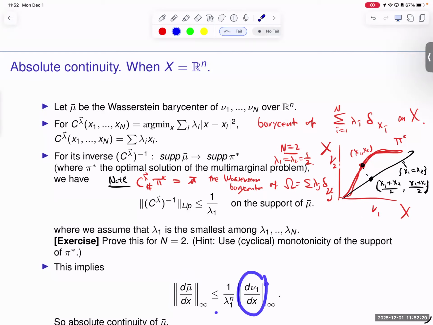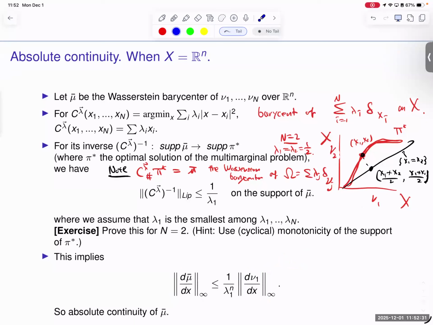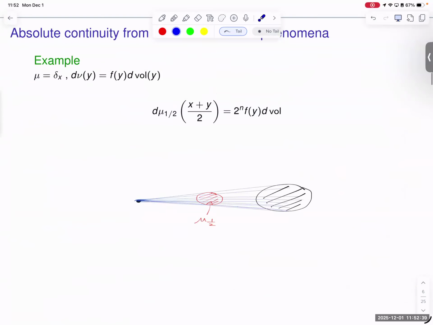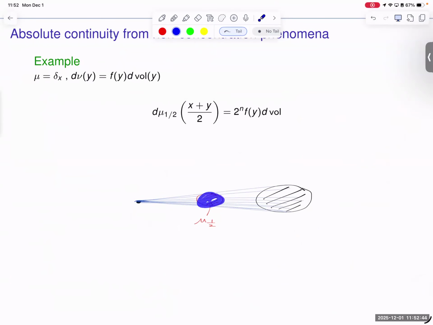So if nu1 is absolutely continuous, I mean, if this is finite, then of course this one is finite. So that's how you can rather easily find this absolute continuity property. Okay, and this estimate is exactly a simple generalization of what is seen here. So here you just consider the mapping from here to there, and that mapping is basically C lambda inverse, where lambda is whatever the proportion is.